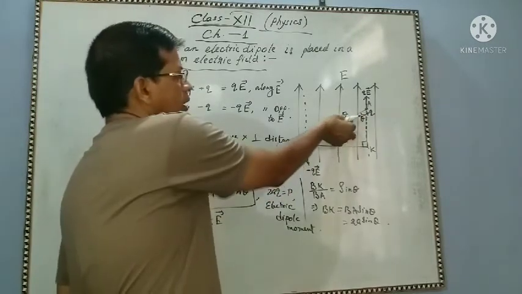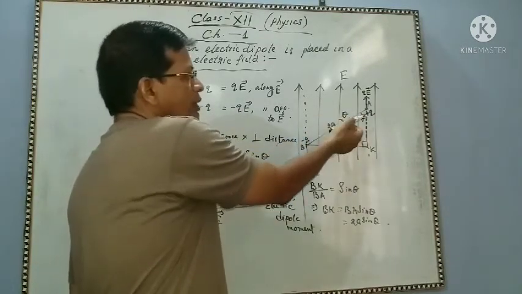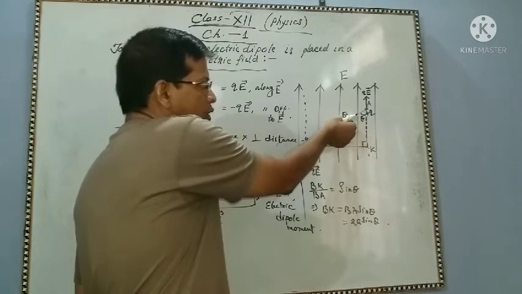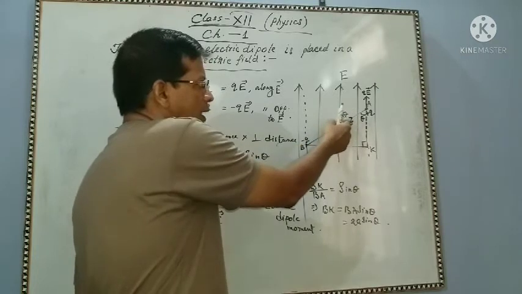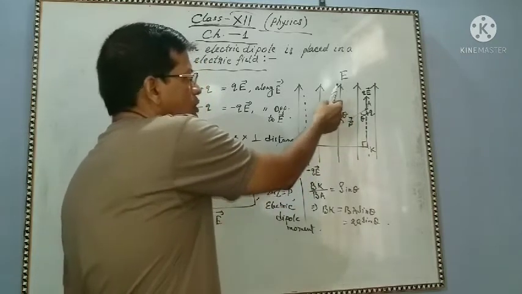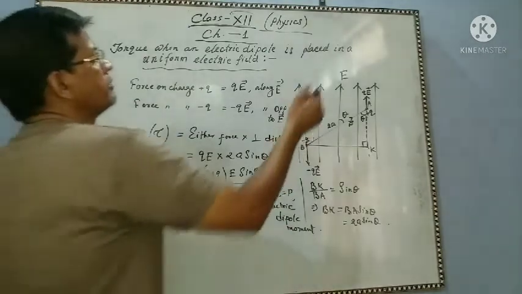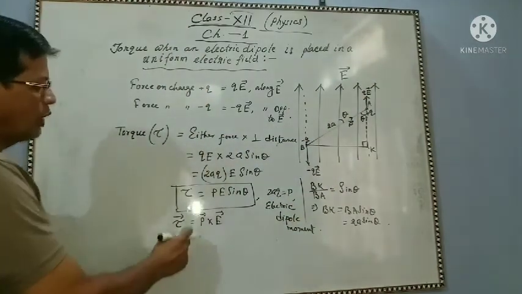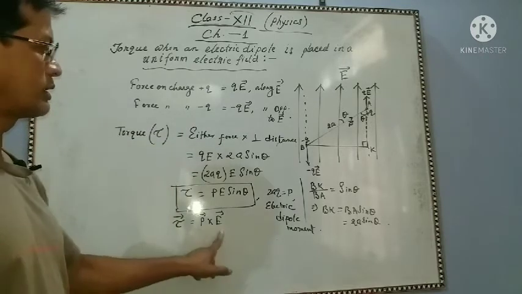The P vector is rotated towards E through the smaller angle theta. So P cross E, this is the E vector.